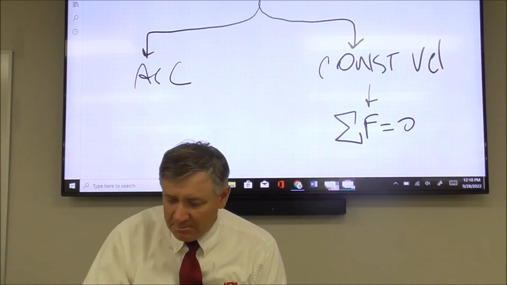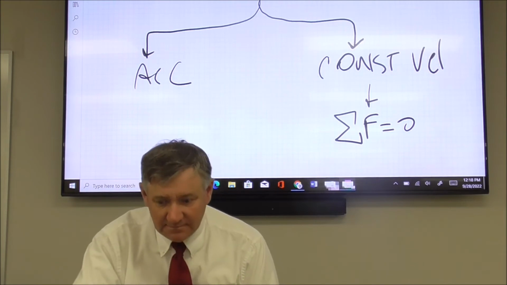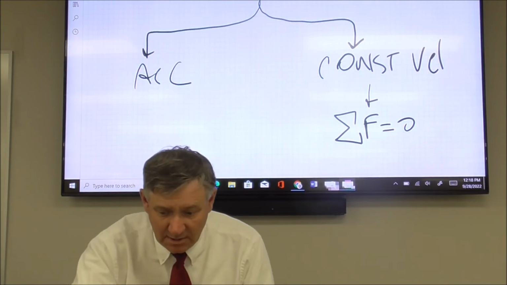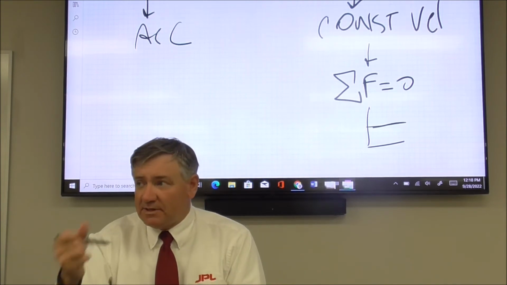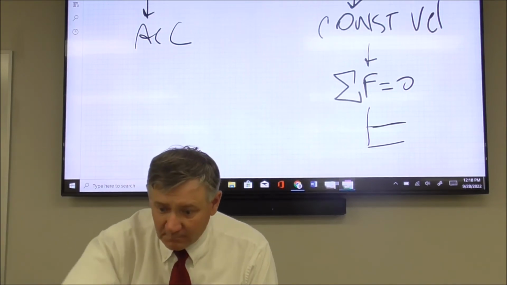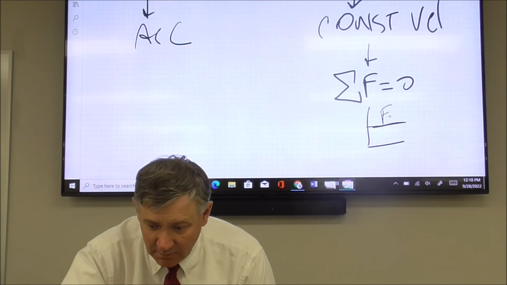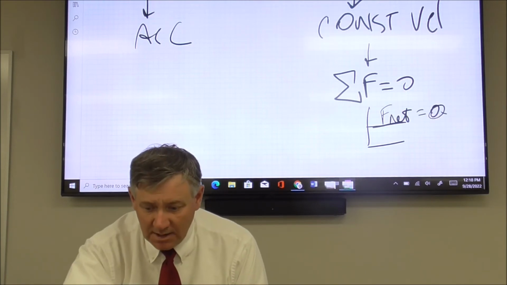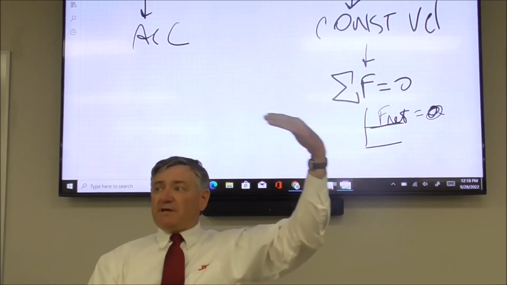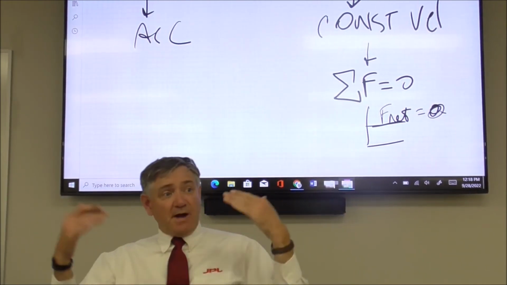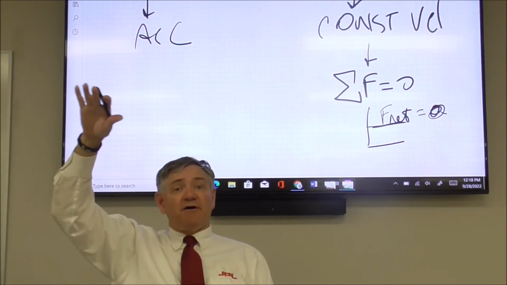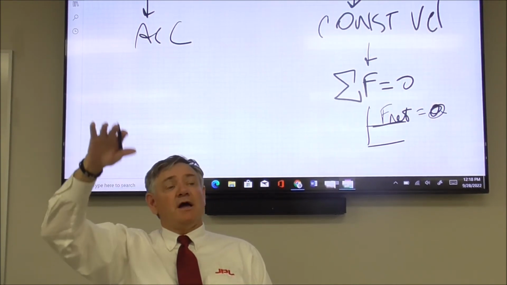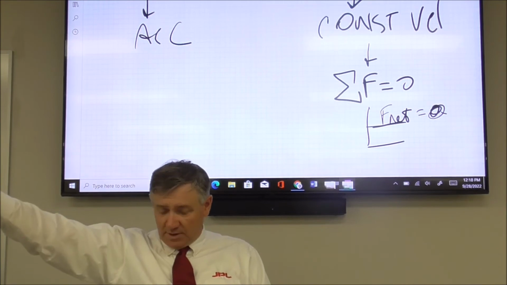So remember, if you're at a constant velocity, the sum of the forces equals zero. On a velocity time graph, that means a horizontal line, and we'll talk more about this tomorrow, this concept of net force. A net force is what you need to make something accelerate. It's an imbalanced force. So if you have a horizontal line on a velocity time graph, you have no acceleration, and there's no imbalanced force, okay?